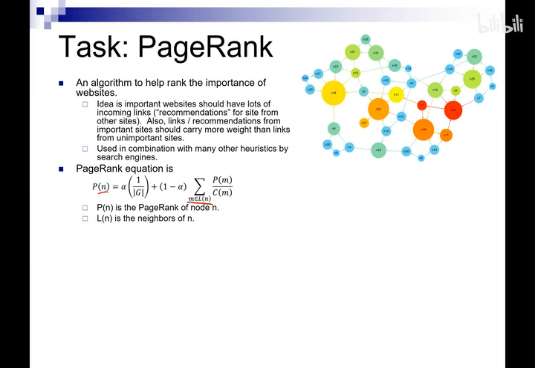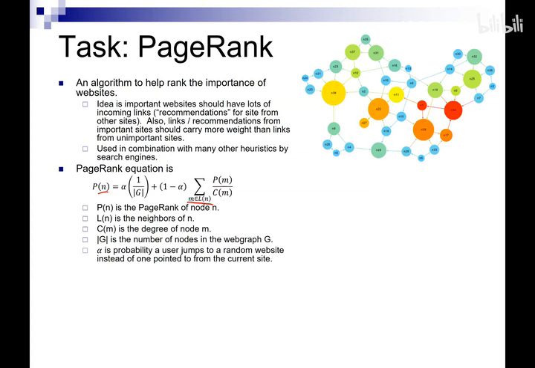In this graph, we're going to pick a node n, and in order to compute n's PageRank, we're going to look at all of the neighbors of n. L of n denotes all of the neighbors of n. For each of the neighbors, we're going to look at the PageRank of that neighbor.